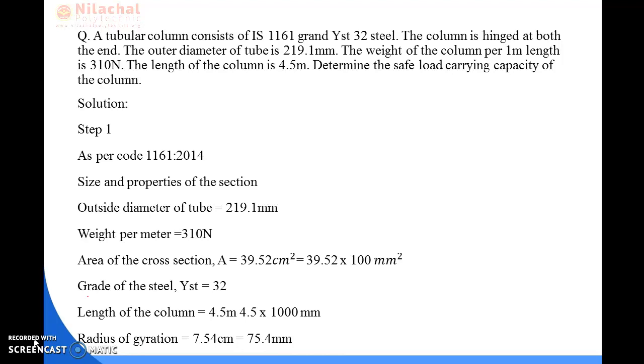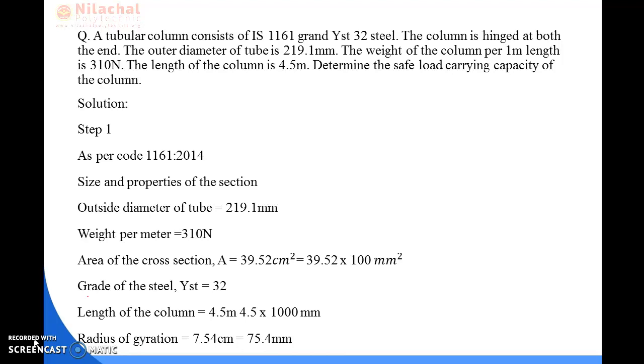The weight of the column per 1 meter length is given as 310 Newton. The length of the column is 4.5 meter. Determine the safe load carrying capacity of the column. So according to the procedure, we will solve this problem.